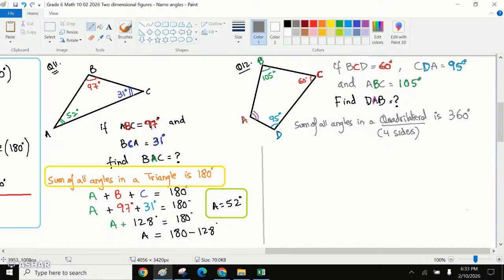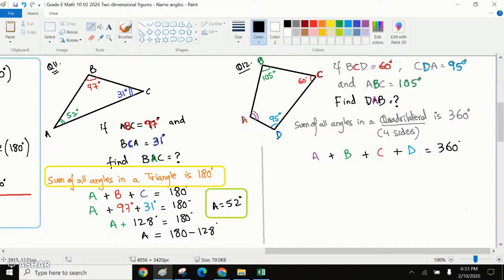So in this case, can we say that when we add all the angles together, angle A plus the angle B plus the angle C plus D should be equal to 360? Do we agree? The second part is easy for us, because the most important thing was how to label the diagram. The diagram was not labeled for us.